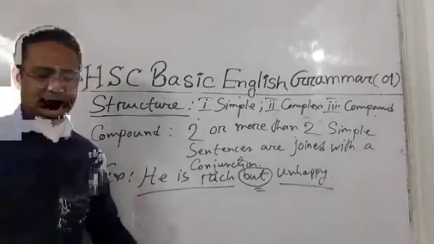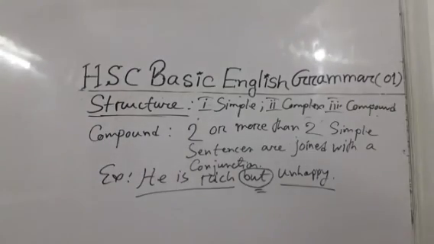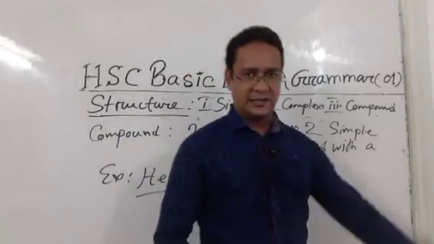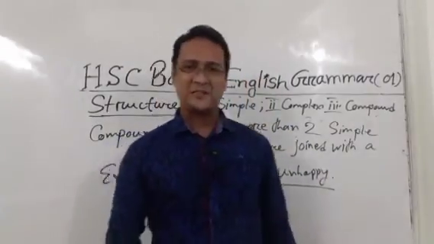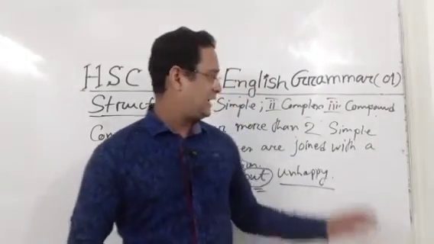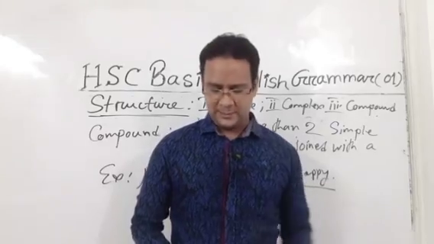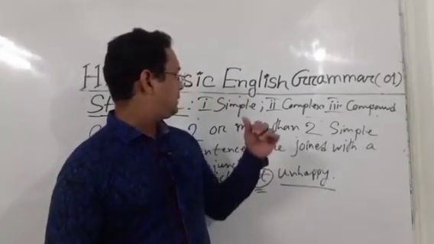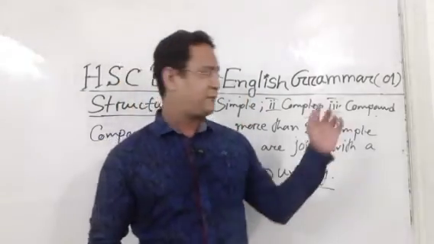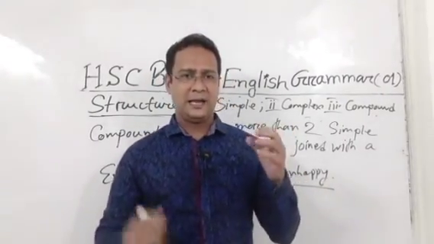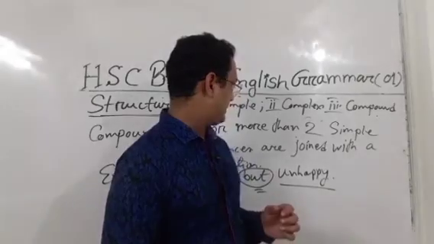So dear students, these are all the sentences I have discussed here. And obviously dear first year students, in this class I am discussing the sentence pattern, and I am here for basic English grammar. It's my first class, and in my very next class I will discuss another topic for basic rules.